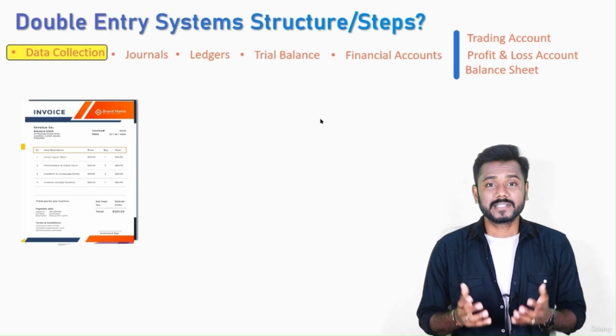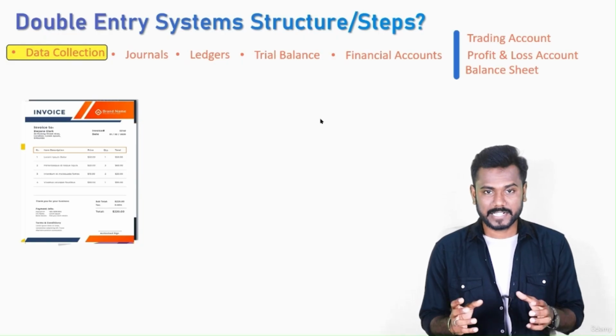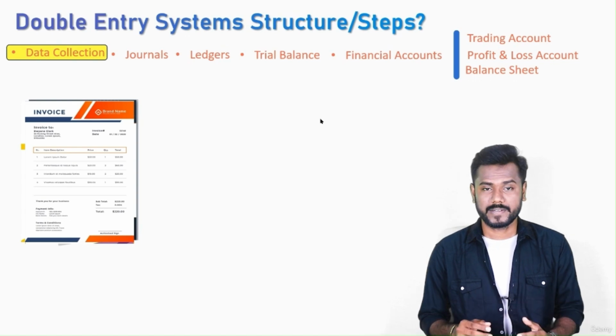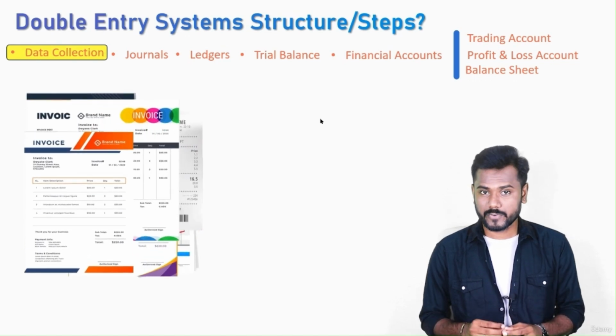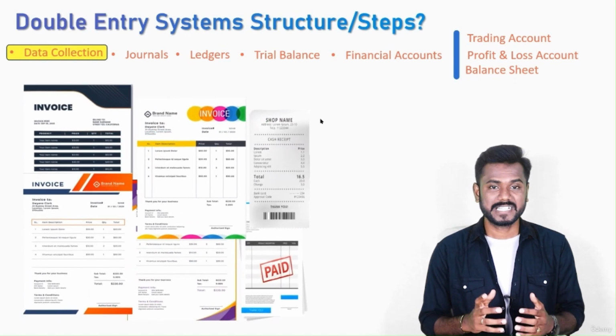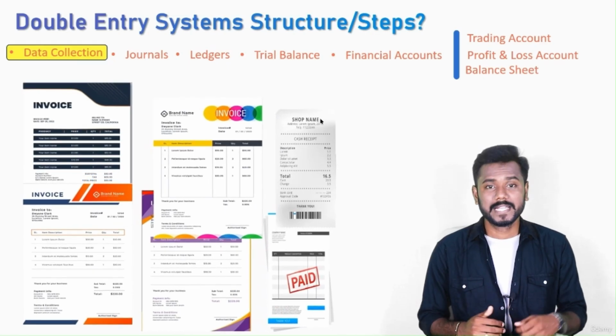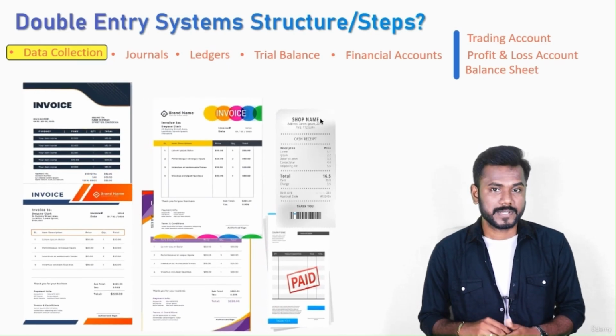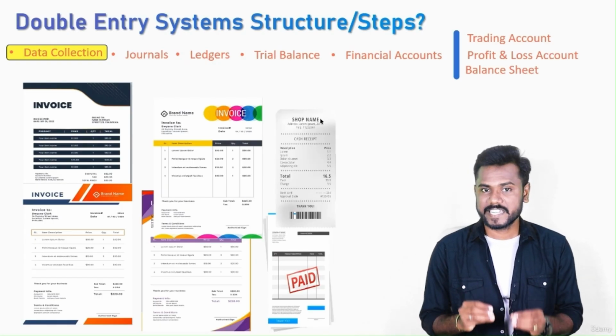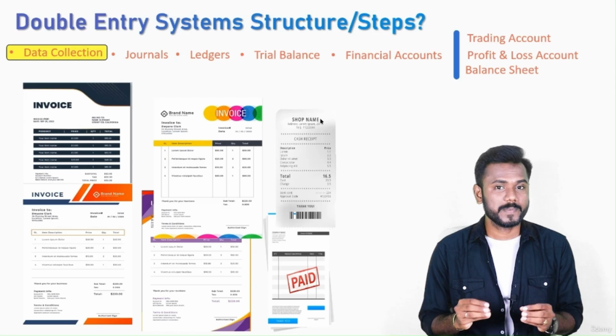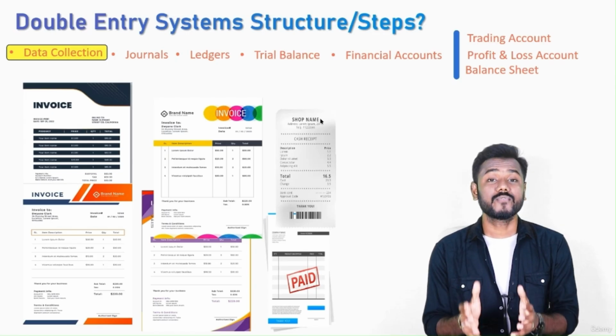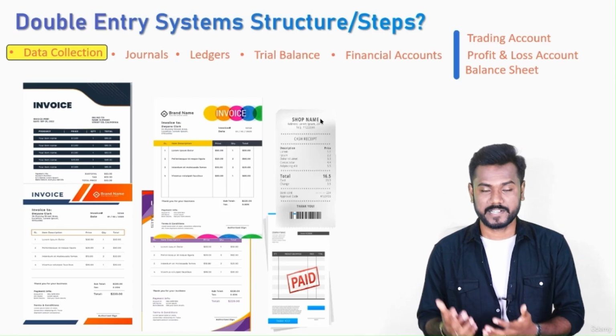And here the data which we are collecting is actually in raw format. We collect business information in the form of purchase and sales invoices, receipt and payment slips, sometimes statements. We collect the information of the business in raw format, in paper format.